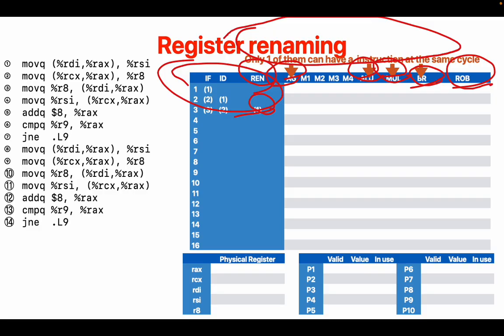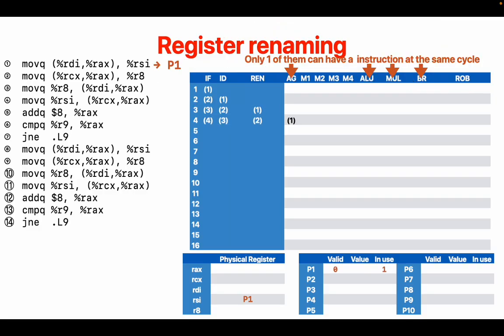Okay, so if that's the case, which functional unit are we going into? Address generation, right? So in the next cycle, you can imagine every instruction is advanced one stage, with instruction 1 at address generation.